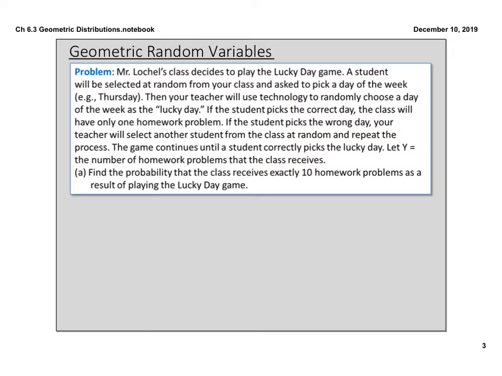So the first thing that we have to identify here is the fact that y, our variable, is a geometric distribution. So y is a geometric variable, or a geometric distribution, I guess you could say, with the probability, that's the other thing you have to identify, probability equaling 1 out of 7, because there's 7 days and only one of them is lucky, so that's 1 out of 7, okay?